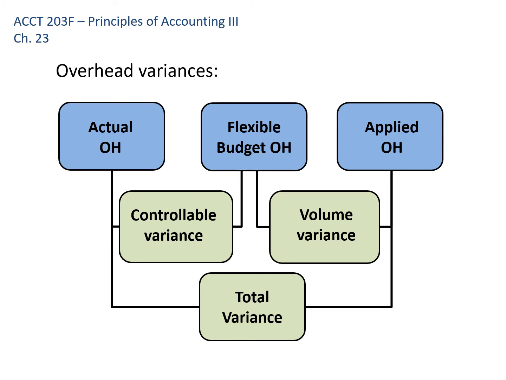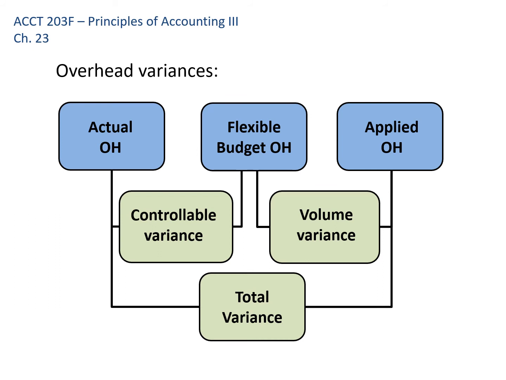The middle one is our flexible budget for overhead: the fixed plus variable budget that we used when we came up with our predetermined rate. What should spending have been? When we compare the actual overhead spending to the flexible budget, that tells us the controllable variance, or how well the manager controlled spending. The difference between the flexible budget overhead and the applied overhead is just the dumb luck due to the volume being different.